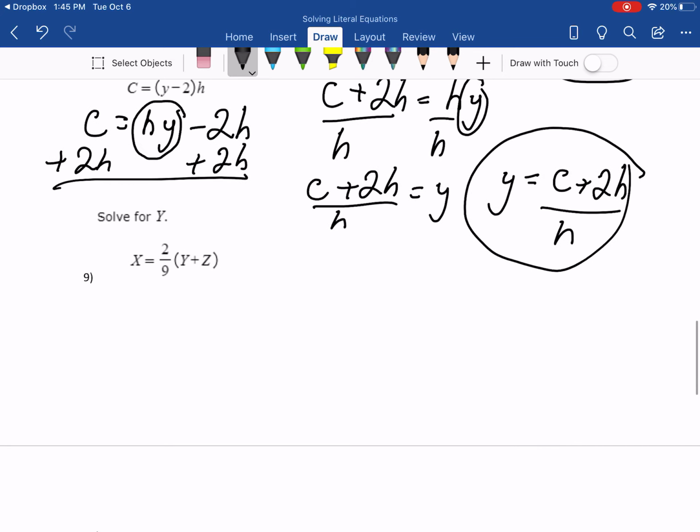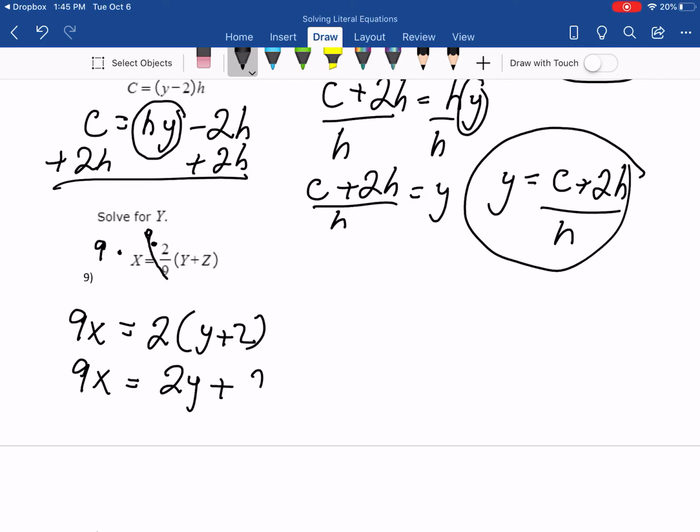Okay. So, number 9, we have a fraction. You need to clear fractions first before you do anything else. So, to clear fractions, I'm going to multiply the left and the right side by the LCD, which of course is 9 here. So I'm going to go times 9 to the right side as well as the left side. On the left side, 9x equals, and then the 9 and 9 will cancel, equals 2 times y plus z. Okay, now we can distribute. 9x equals 2y plus 2z.